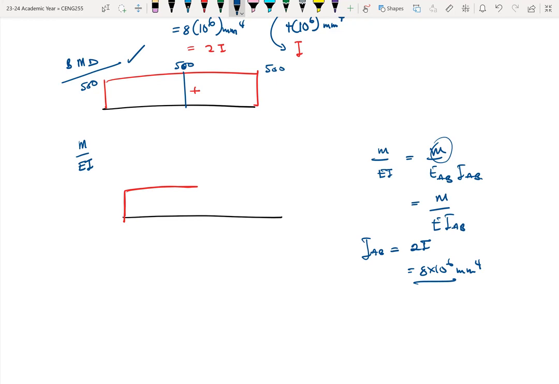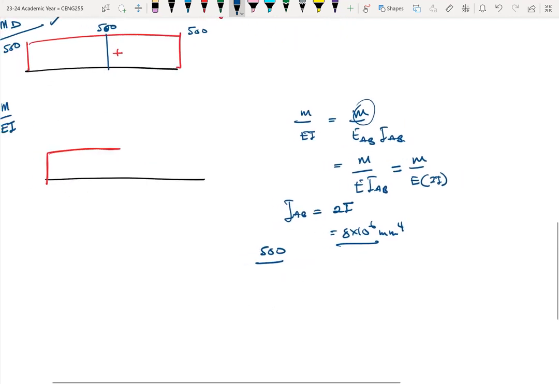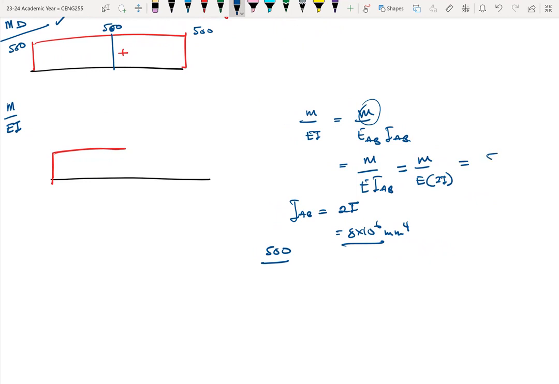So this is M over E into bracket 2I. If our M is 500, it becomes 500 over E into bracket 2I, which is the same as 250 over EI. This is a much better way to write it.